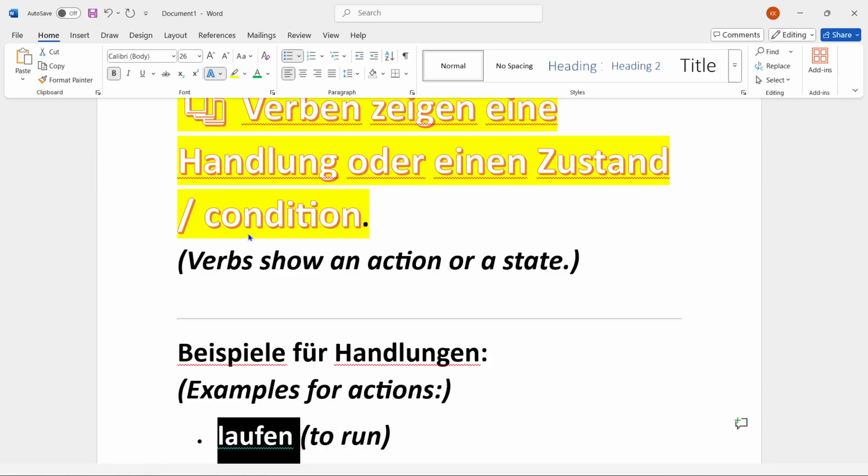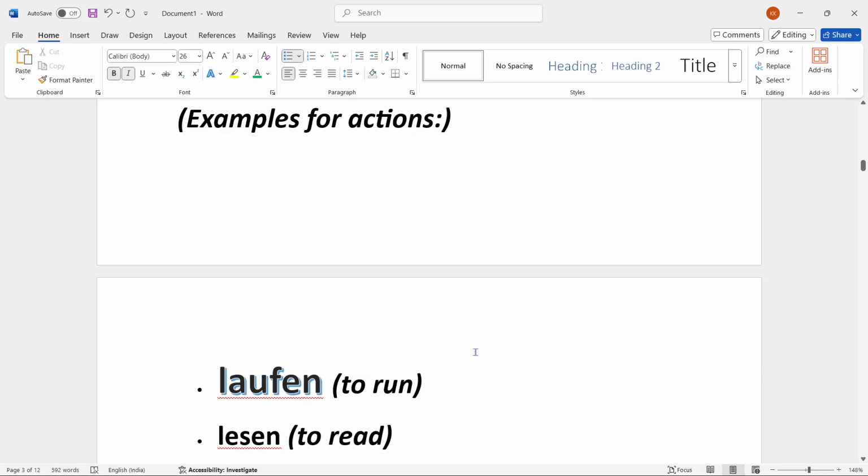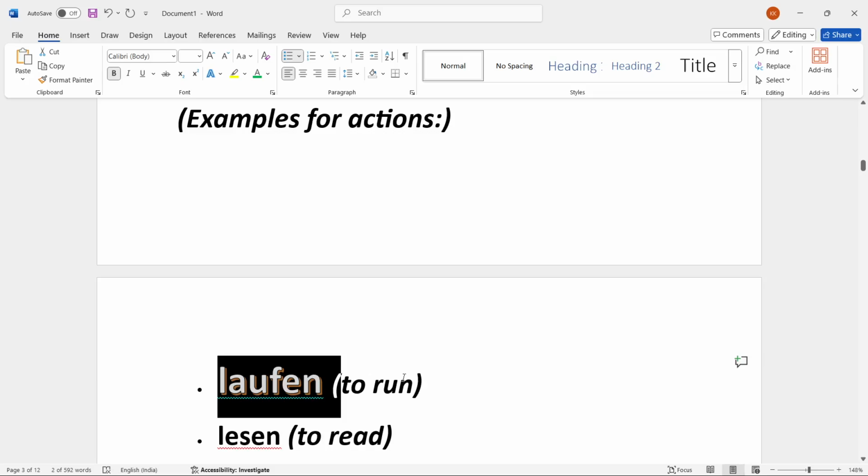I think you already know this word. Laufen means to run.